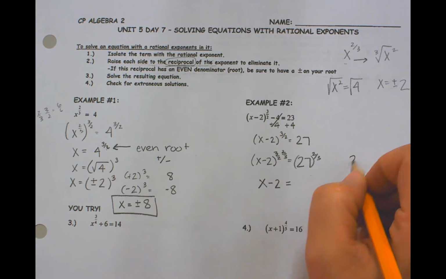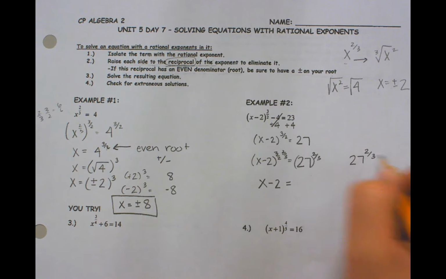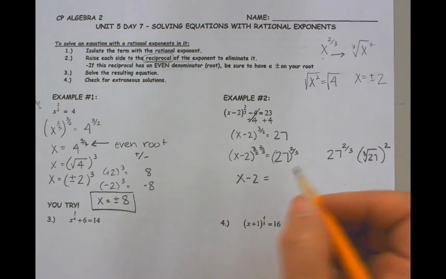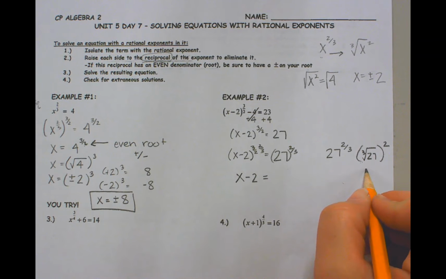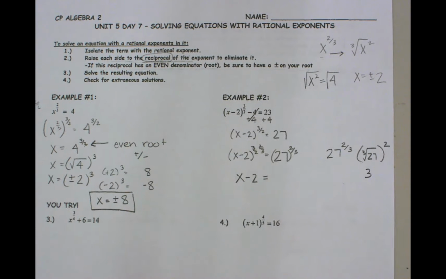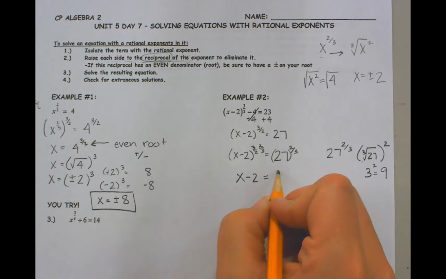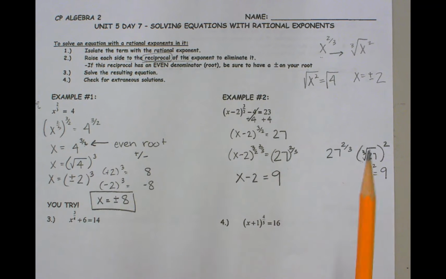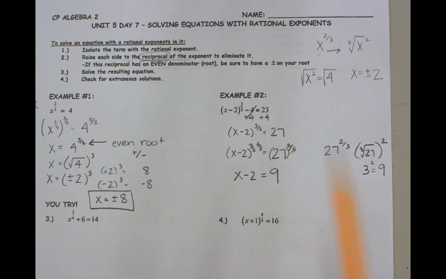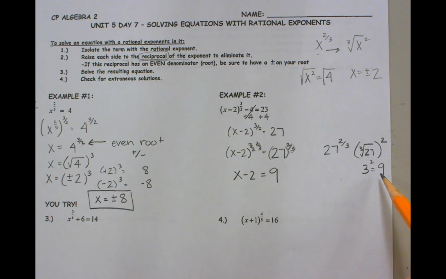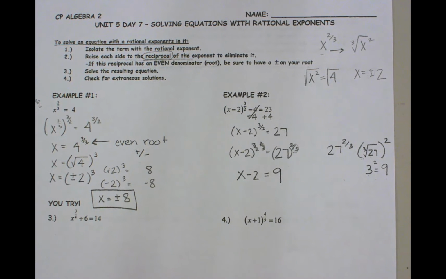And then 27 to the 2/3 is the cubed root of 27 squared. The cubed root of 27 is 3. It takes 3 3s to get to 27. And then squared would give me 9. So here I get 9. It is an odd root, so I'm only going to get positive 3 here, which means when I square it, I'm only going to get 9 as my answer, right?